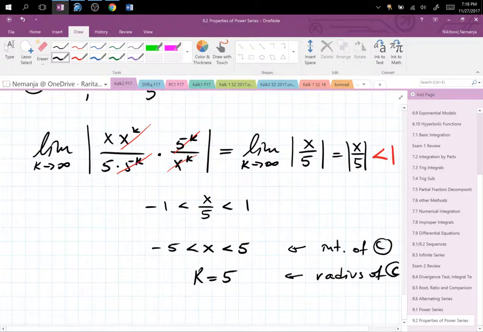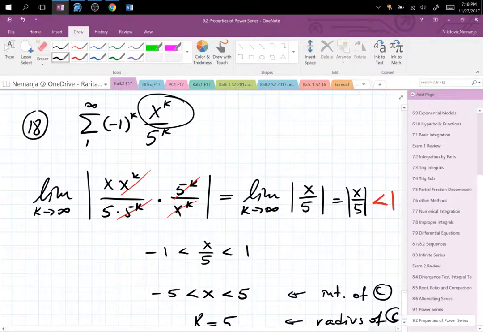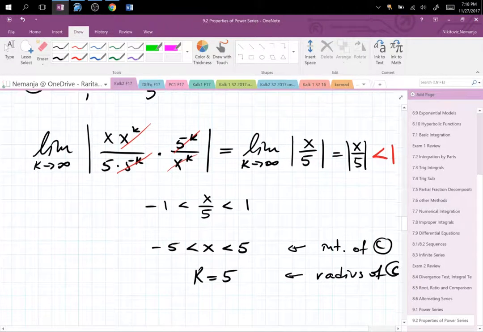Wouldn't the R be half of 5? Oh no, no. Yeah. Now we also see that the final check over here would be 5 minus 5 is 0, so my original series better be centered at 0, and it is. That's a little check that you can use.